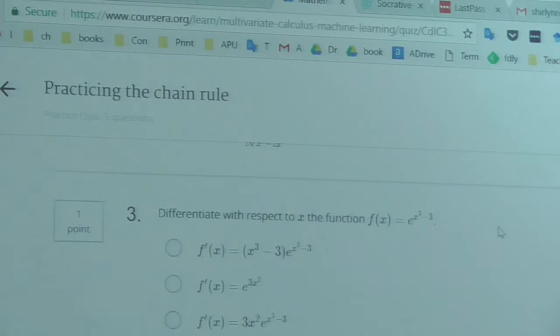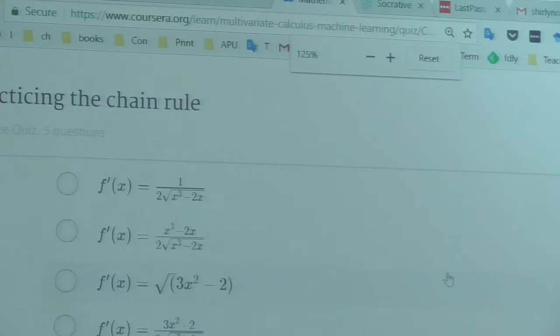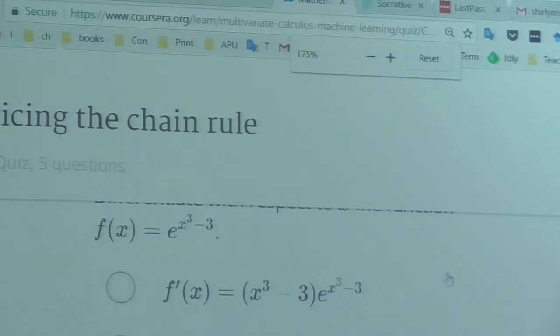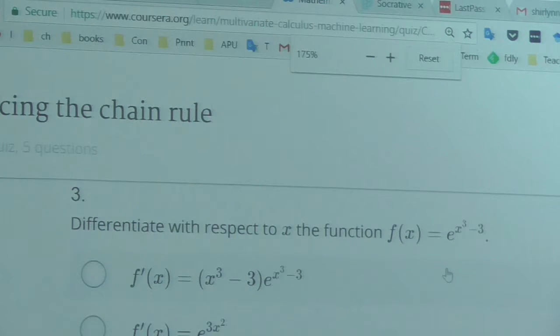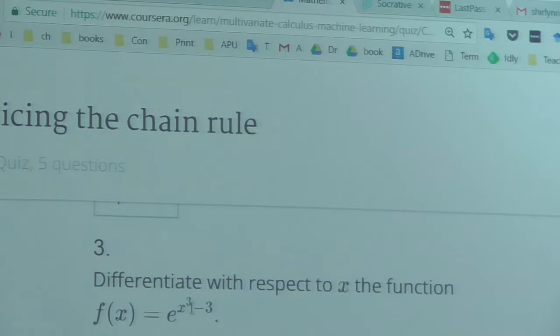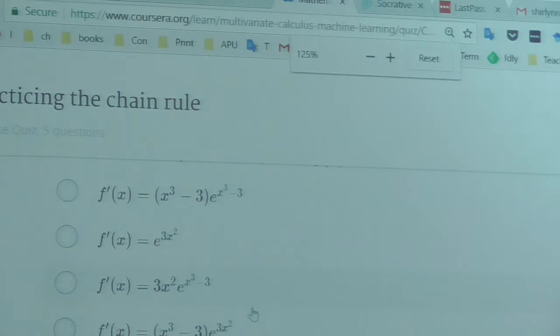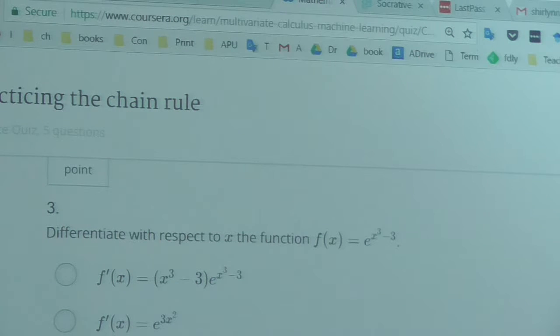Oh, yeah. X to the third one. There's the function, e to the x cubed minus 3. And there are the answers.